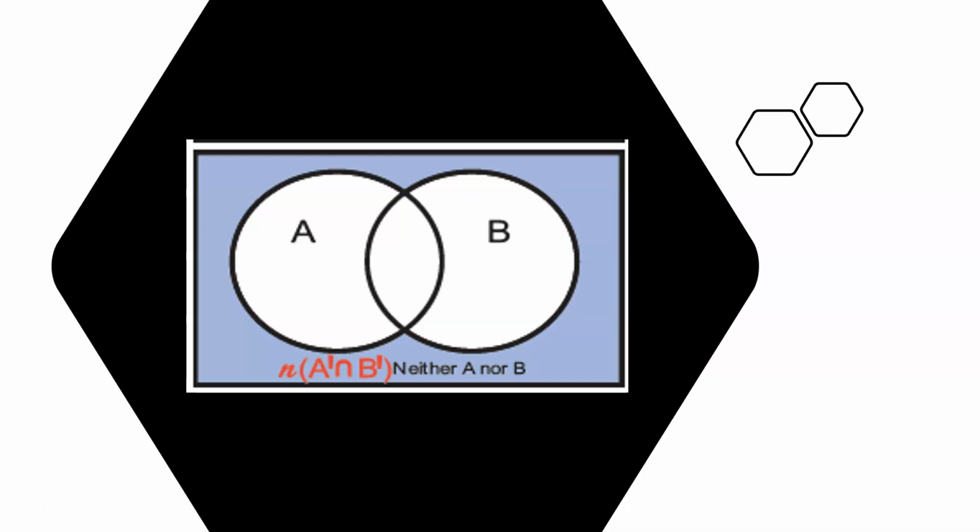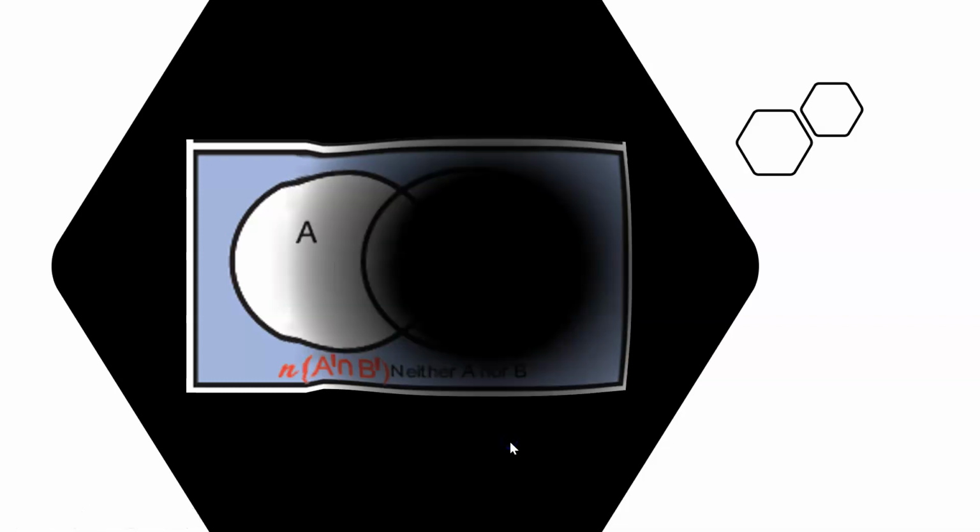Okay, now the highlight in here is showing us the area that is the complement to A and B. So you see how it's the A' and the B', that means not A or B, okay? So not in A or B, so neither A nor B.